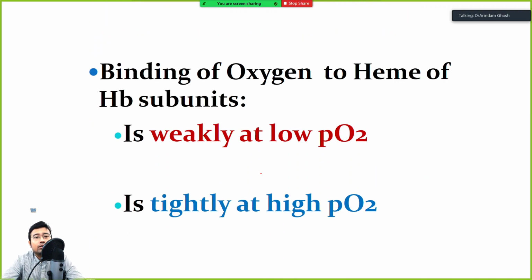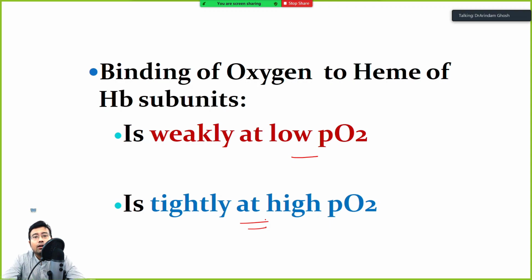So binding of oxygen to heme subunit is weak at low PO2. Very important. Understand what I am saying. Binding of oxygen to heme of hemoglobin subunit, it is weak at low PO2 and it is tight at high PO2. You understand my point?